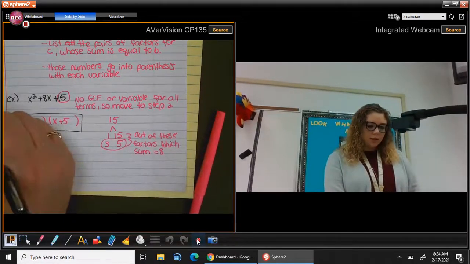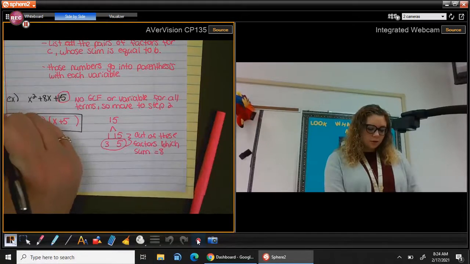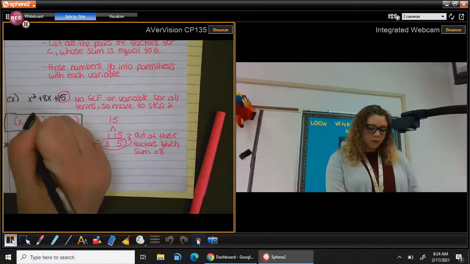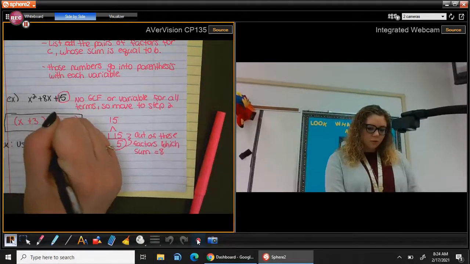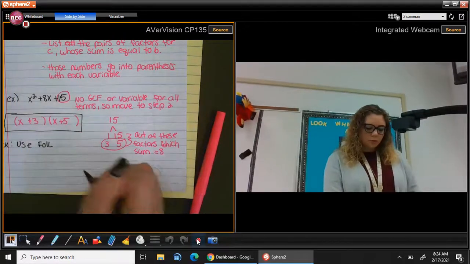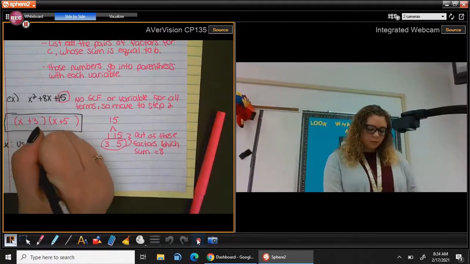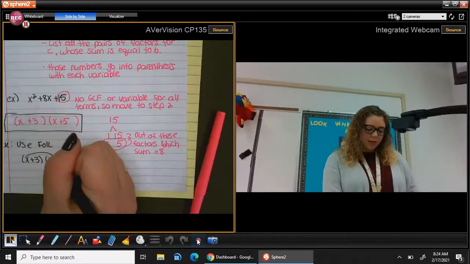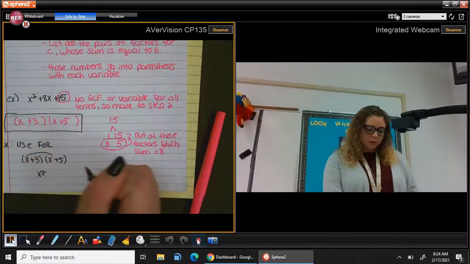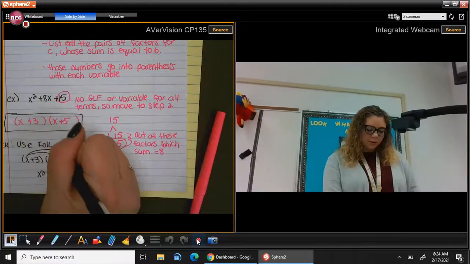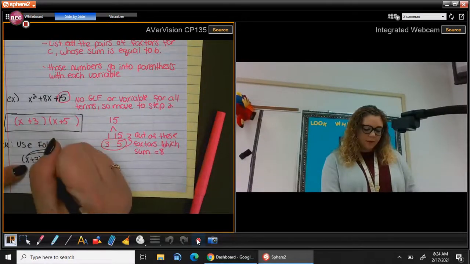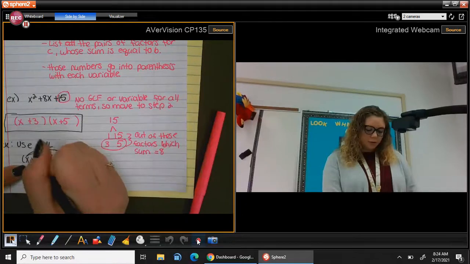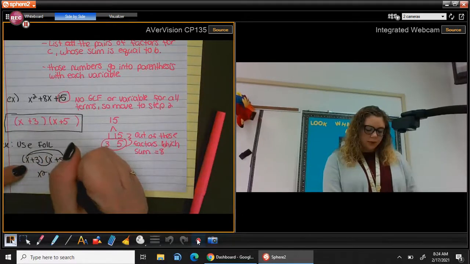To check, you're going to use FOIL. You're going to do your first: x times x is x squared. You're going to do your outer: x times 5 is 5x. You're going to do your inner: 3 times x is 3x.